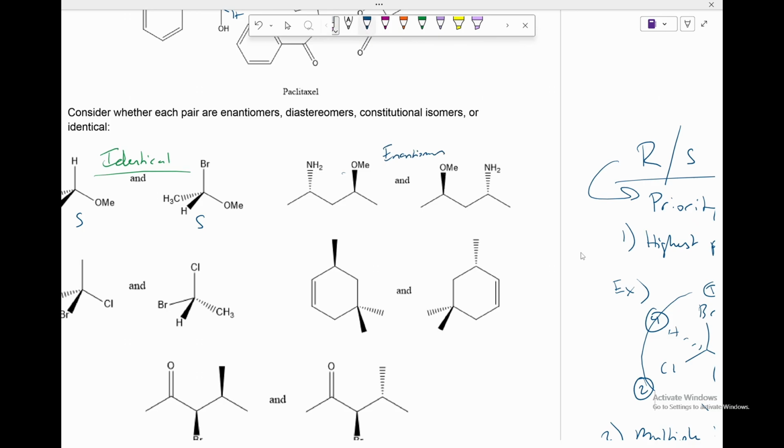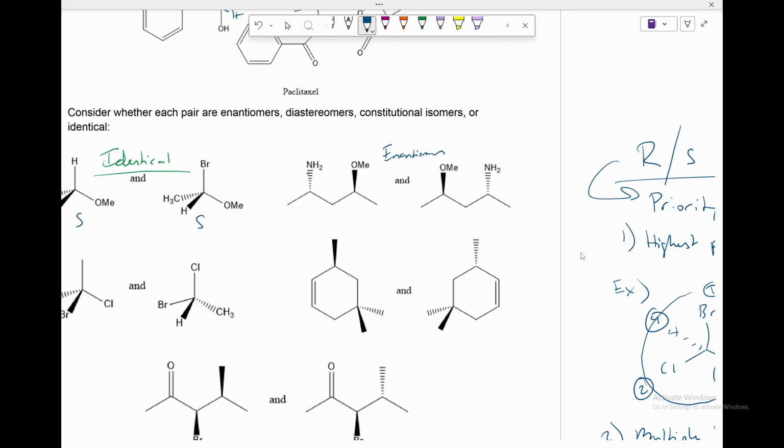I can also prove it with the R and S configurations. If you are not able to quickly identify and determine that these are enantiomers, use R and S. Do not feel bad. It is not a crutch. I swear, people use R and S all the time. Please use them, okay? Never feel bad for using a very helpful tool.